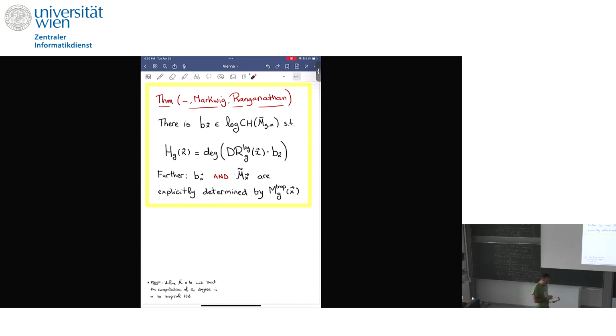It's an intersection number of the logarithmic double ramification locus with an element of the log Chow ring, described as a piecewise polynomial B_x, which we've called the branch polynomial. It is a vague statement, but the important thing is that both this branch polynomial and the birational modifications of M_{g,n} bar that you need for this computation are very explicitly determined by the tropical moduli space of covers, by these graphs that we talked about this morning.